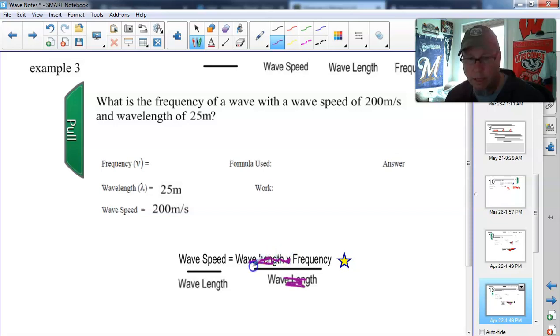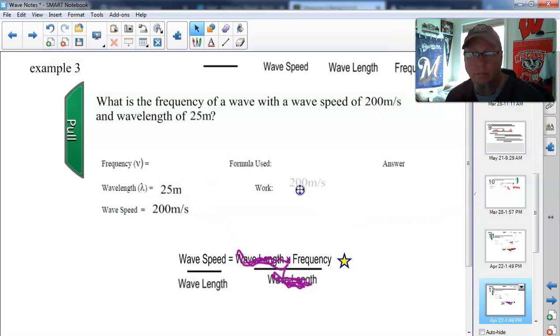See, these are all canceled. That's what that means. Wave speed over wavelength equals frequency.